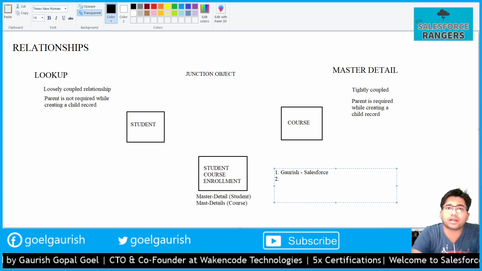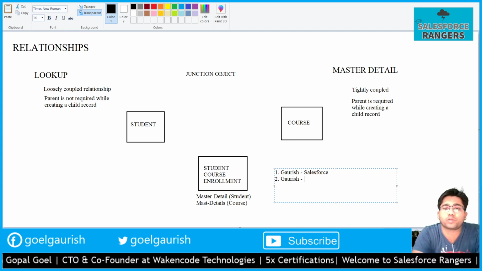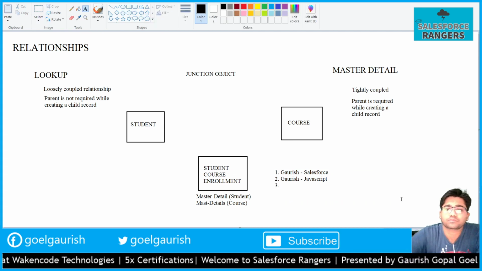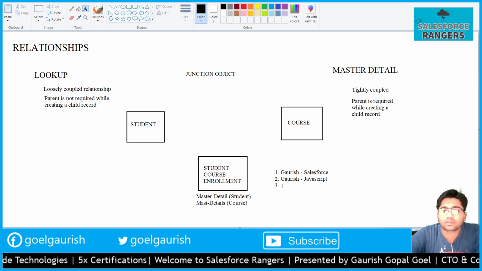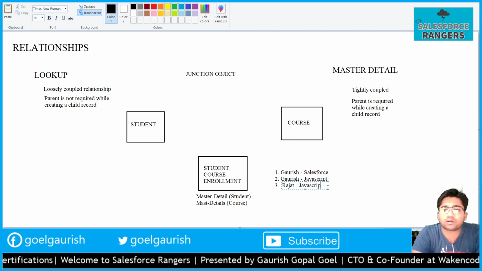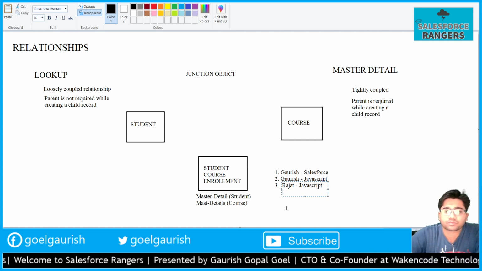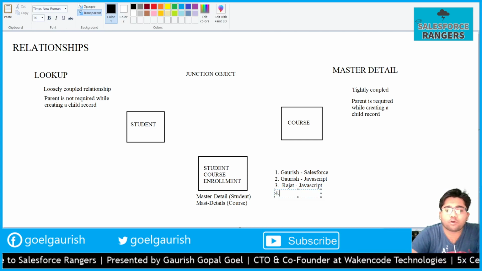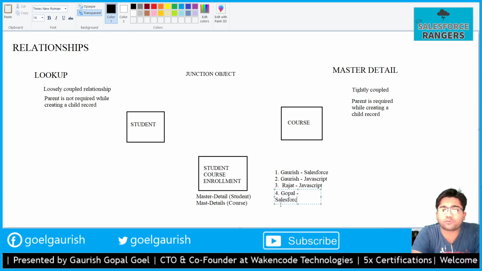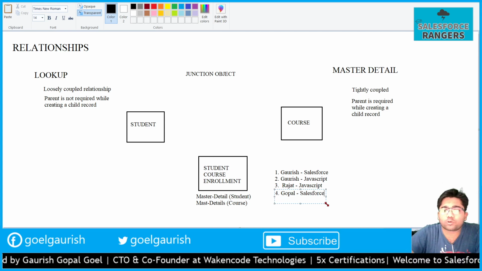Now I will make another entry as Gaurish as the student and JavaScript as the course, and similarly a third entry for Rajat and JavaScript as the course. Now a fourth entry for Gopal with Salesforce as the course.